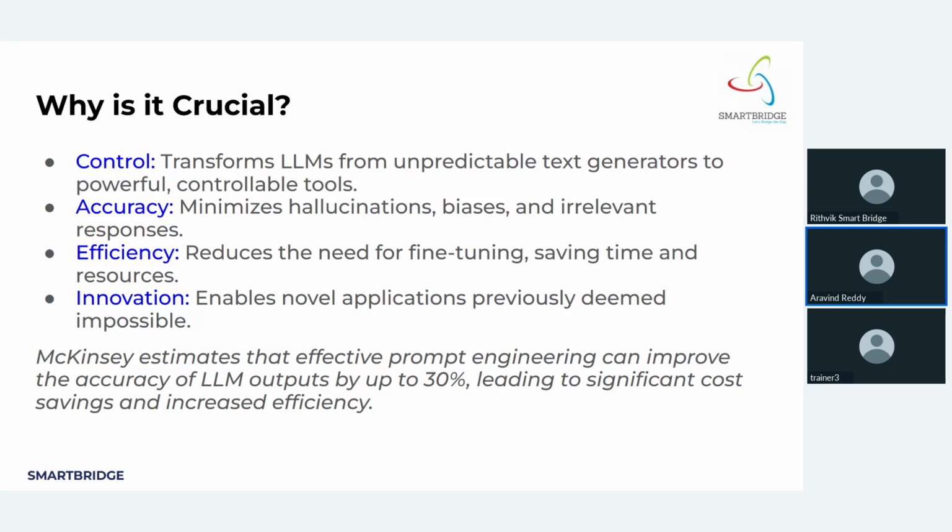It transforms LLMs from unpredictable text generation to powerful controllable tools. For example, we already discussed what temperature will do, right? We discussed what the temperature parameter does. If you increase the temperature value, then it will kill the creativity in the LLM.